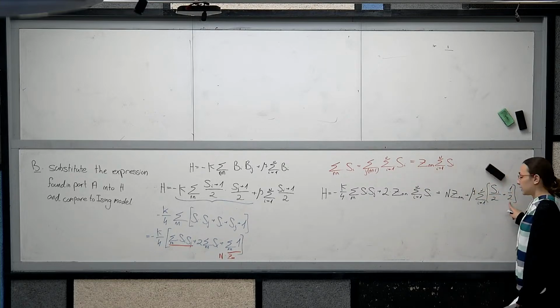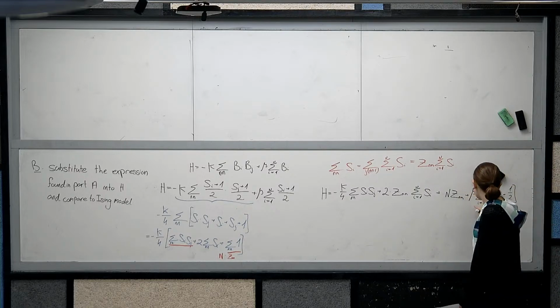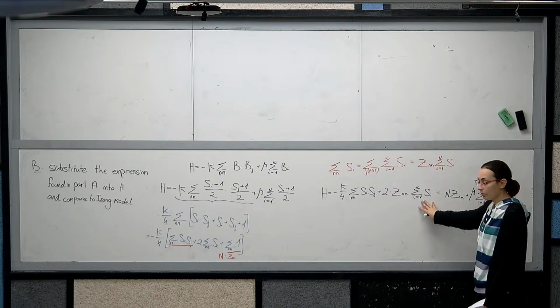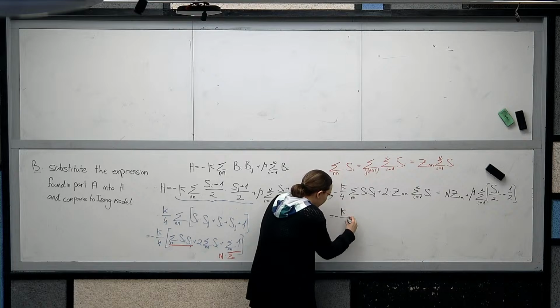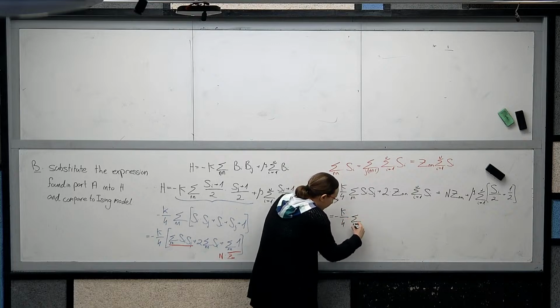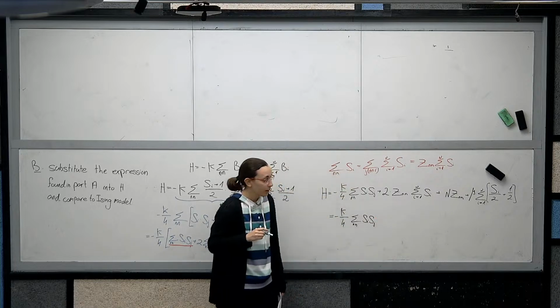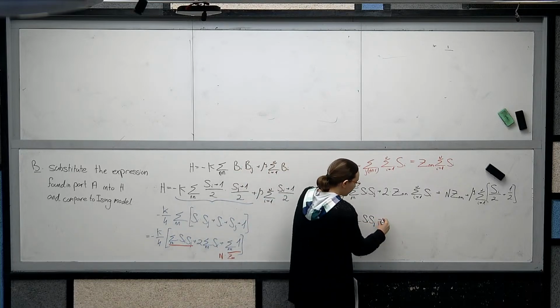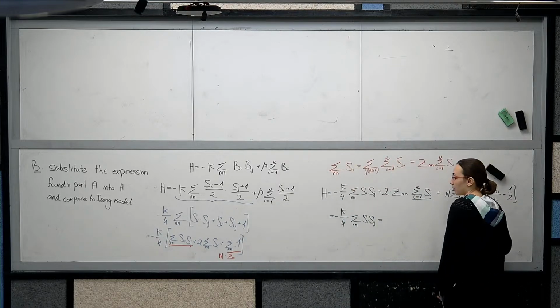Okay, from this half we will get just the number of atoms in the lattice. And then we can combine this summation with this one. So we will get minus k divided by 4, and in the interaction Si Sj. And then let's collect those values with the summation of Si.